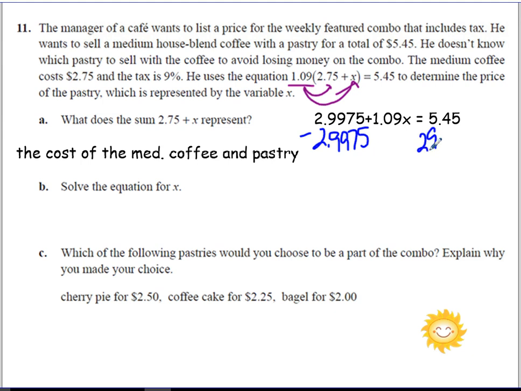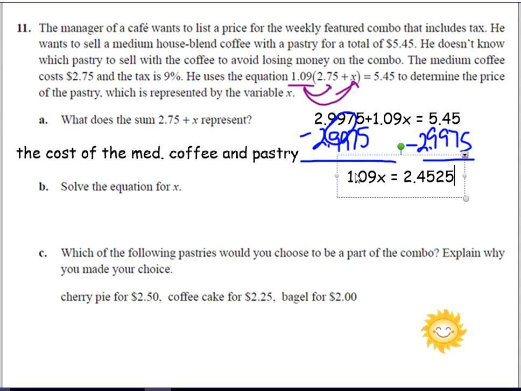We want to always make sure that we're waiting to round at the very end if they tell us to round. In this case, if we actually try and round, we'll get a number that doesn't come out evenly, so leaving it alone helps us. Because when we subtract, we get 1.09x equals, and then on the right-hand side, we get 2.4525, which doesn't seem like it's getting any better for us with those decimals.